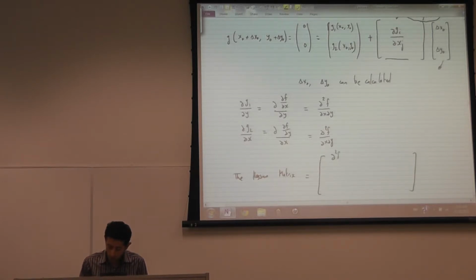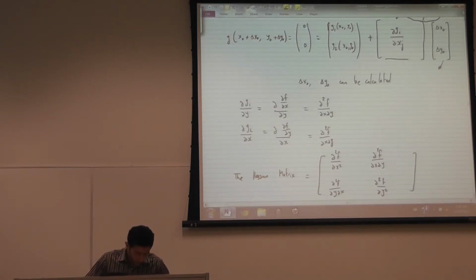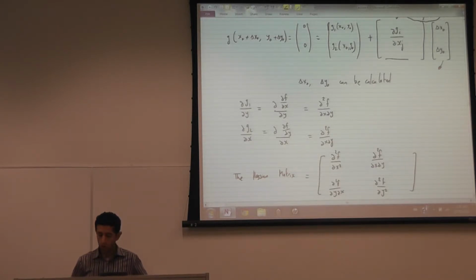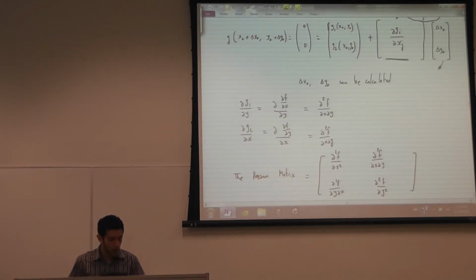This is partial 2F partial X squared. So this matrix is symmetric. Again, we just utilize that procedure and solve and find delta x naught and delta y naught, and find a better approximation and so on. You have to notice that this matrix is symmetric.